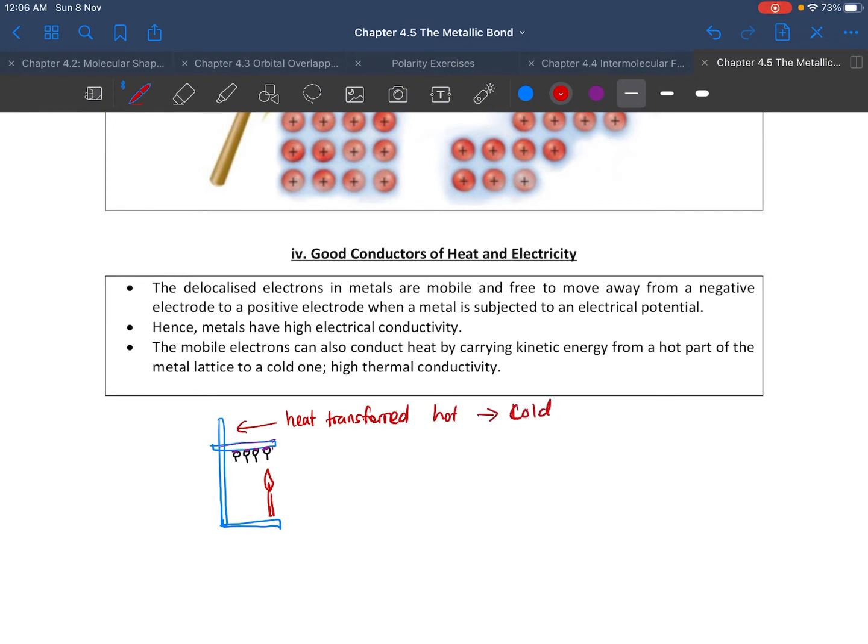Okay, so maksudnya heat transfer daripada kawasan yang panas pergi ke kawasan yang sejuk. Okay, so itu untuk good conductor of heat and electricity. Kebanyakan physical properties of metal ni disebabkan oleh elektron yang delocalized tu.